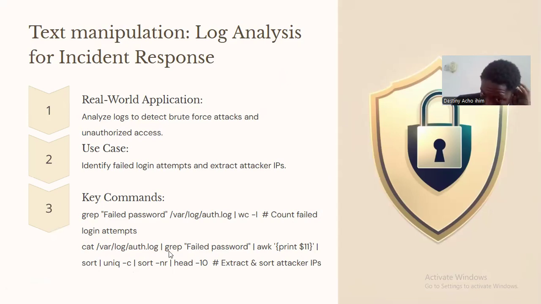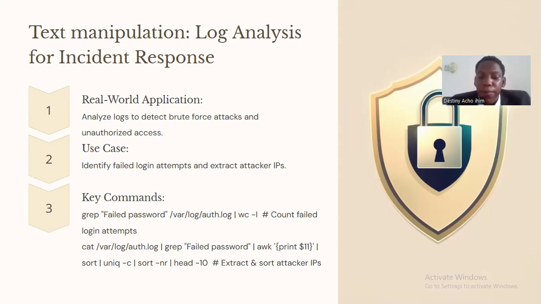SSH stands for secure shell. You can use grep failed password to highlight the failed password, the awk print $11 and all of that. So this analysis not only identifies attack patterns but also helps in crafting appropriate defense strategies, and that's why text manipulation is useful.